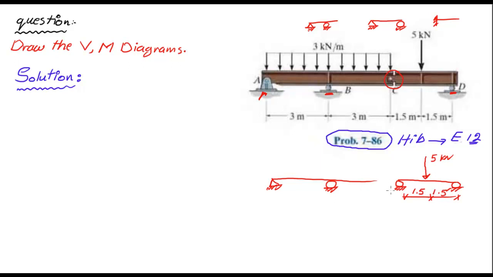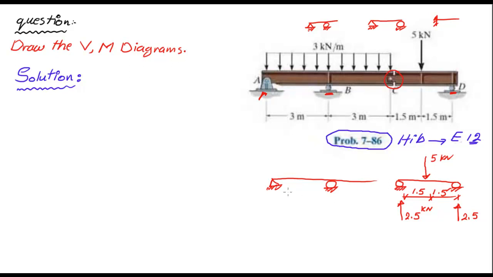So this gets distributed equally to D and C. We have a reaction here that is equal to the reaction here, and you just divide 5 by 2, you'll get 2.5 kilonewtons. I'm going to skip writing the units.